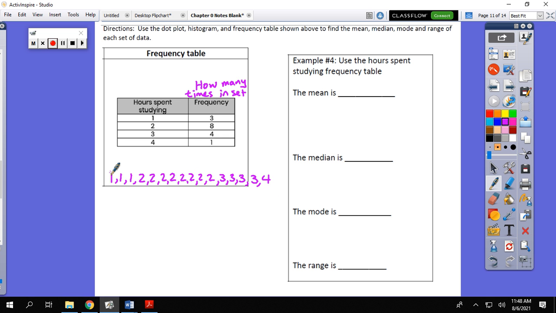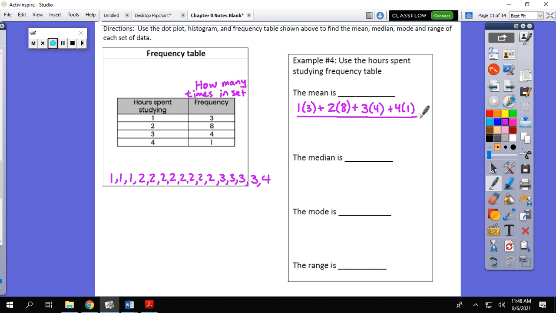Our mean, what we can do is multiply these across and then add to get our total. So for our mean, we can do 1 times 3, because there are 3 ones, plus 2 times 8, there are 8 twos, plus 4 times 3, there are 4 threes, and there is 1 four.